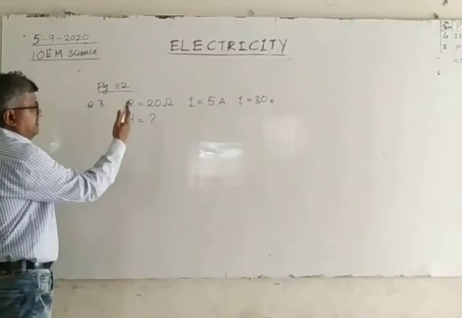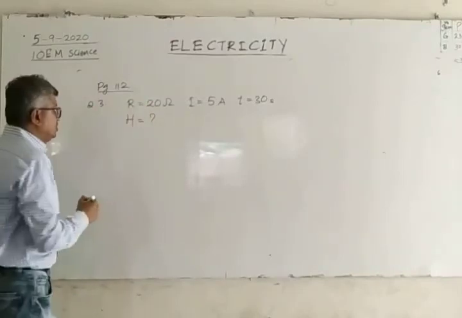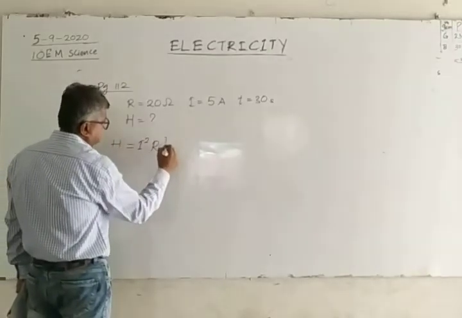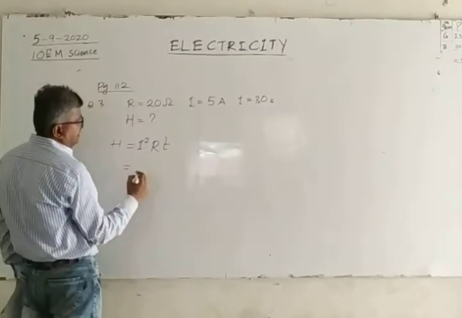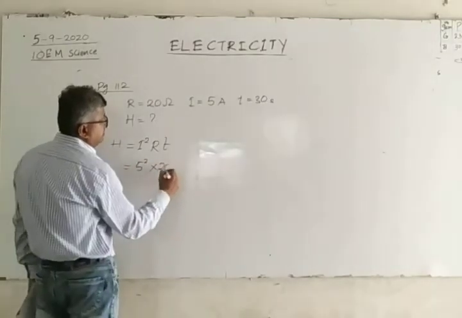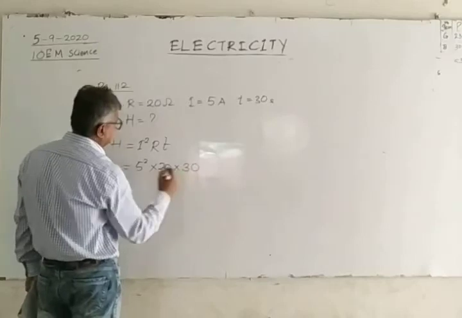So R is given, I is given, T is given. So you can use directly H equal to I square RT. That is I is 5 square and R is 20 and T is 30 seconds.